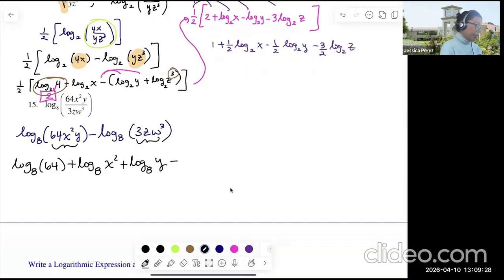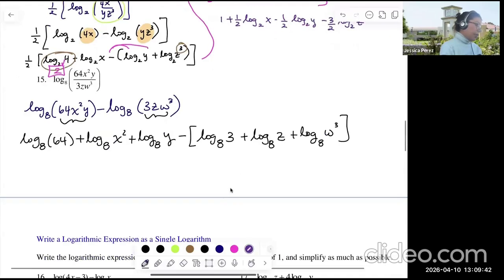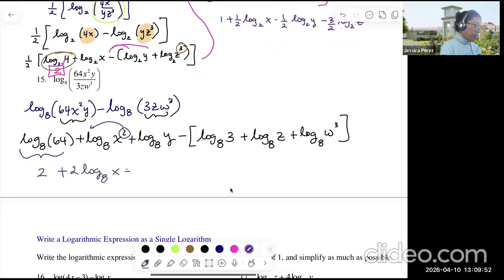Minus, parenthesis, log base 8 of 3 plus log base 8 of z plus log base 8 of w to the third power. Now finally, I'm going to simplify log base 8 of 64, which we know is 2, plus, there's a property of powers, 2 log base 8 of x plus log base 8 of y.